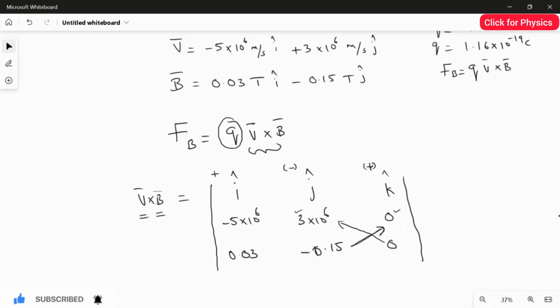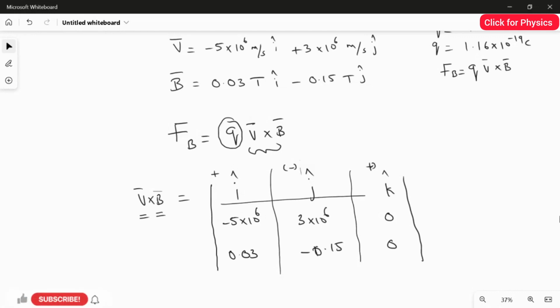Clear? Likewise, when you go for the second part, you should not consider the middle line as well as the first one. So when you multiply, you should not touch the middle as well as the first one. It will come like this: 0 multiplied with this value minus 0.03 multiplied with 0.